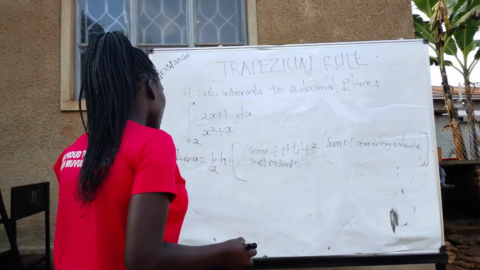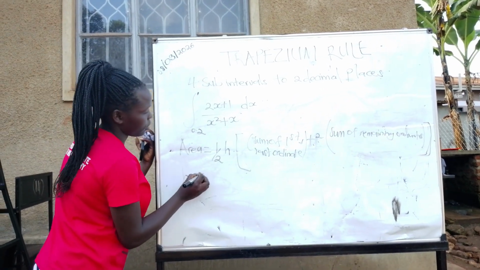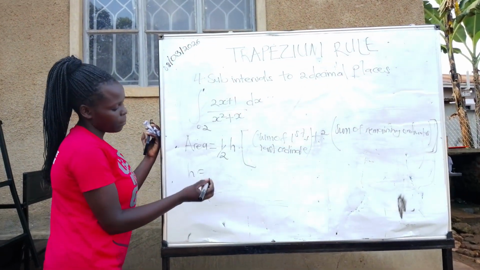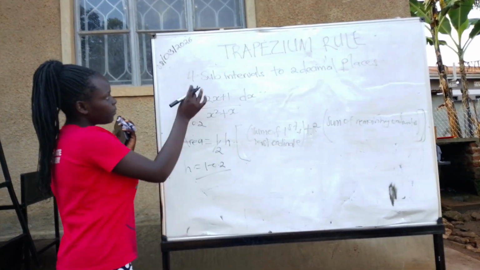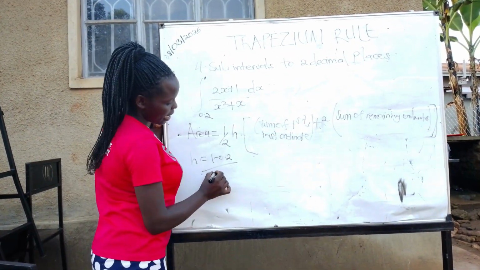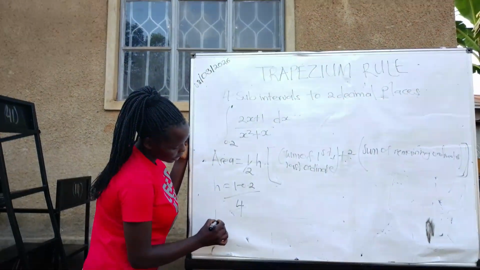We are going to get our height, which equals 1 minus 0.2 over 4, which is our number of subintervals. So our height equals 0.2.